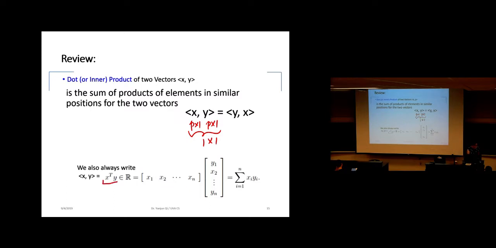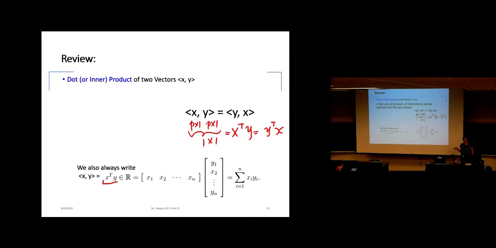Because the inner product is really just x transposed y or y transposed x, it's a scalar, right? It doesn't matter who is first. And it's the element product summation.